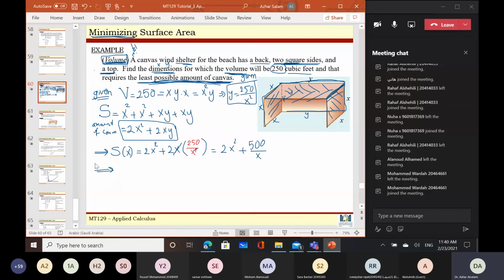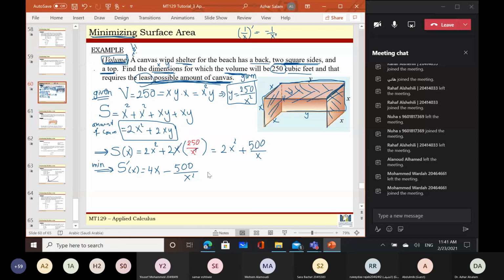Now, to optimize, to find the least, meaning the minimum of s, I will differentiate s dash of x. It will be 4x minus 500 divided by x square. I differentiate here the same way. The derivative of 1 over x is minus 1 over x squared.